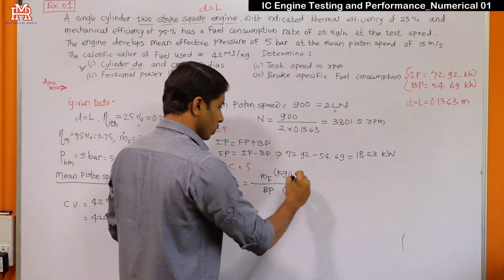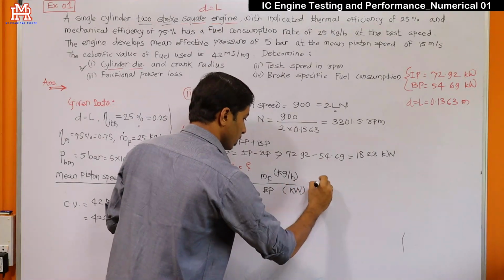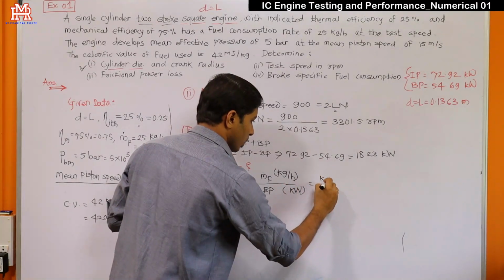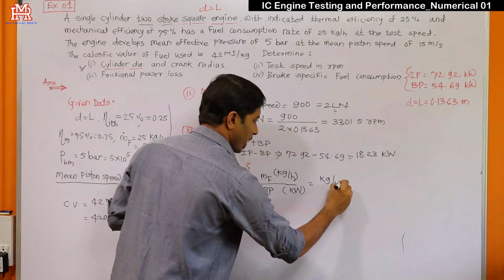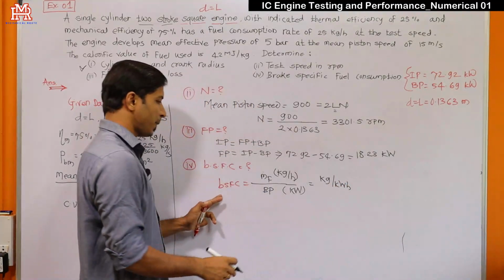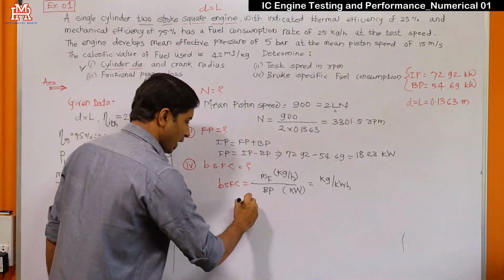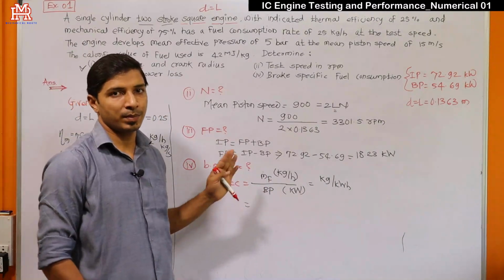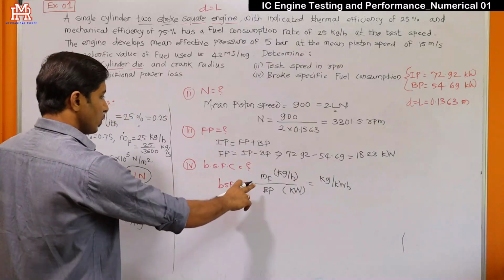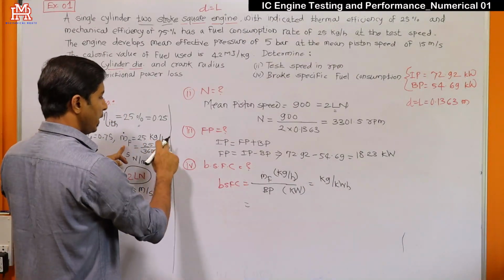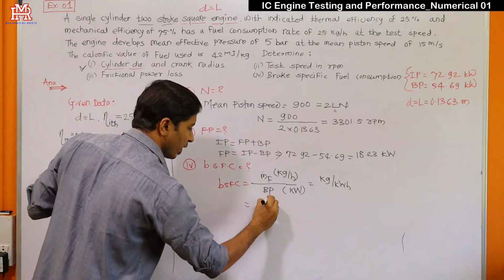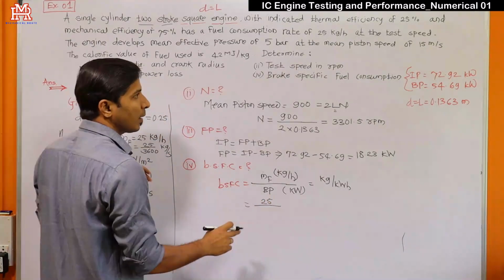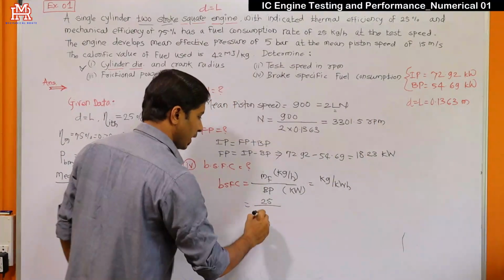So the total unit will become kg per kilowatt hour. So this is brake specific fuel consumption. We can substitute these values. MF, mass of fuel consumed, in kg per hour is 25, divided by brake power 54.69.